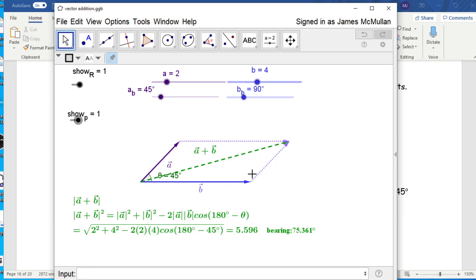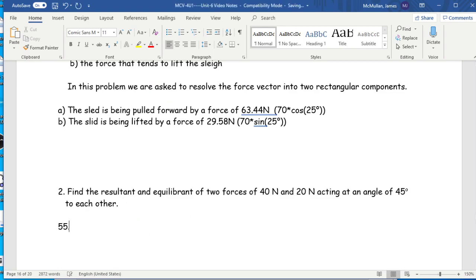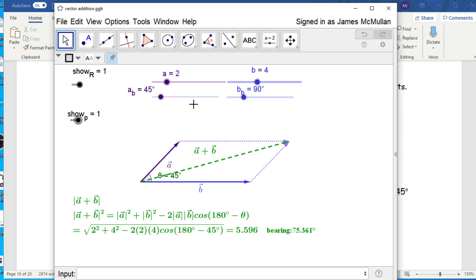When I do that, I solve that the vector is 5.596 newtons. So in our case, of course, 55.96 newtons is going to be our answer. I have to multiply it by 10, because in my question, I'm only working with 2 and 4 instead of 20 and 40. Now the bearing.